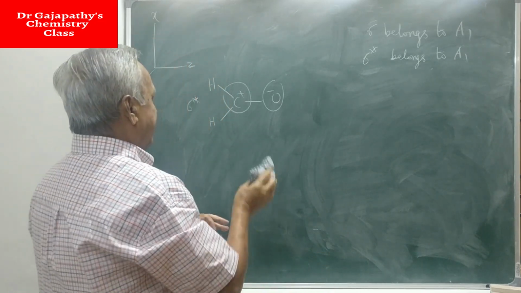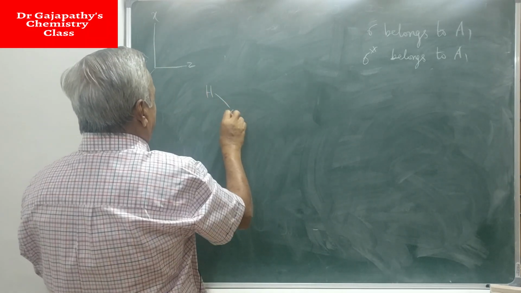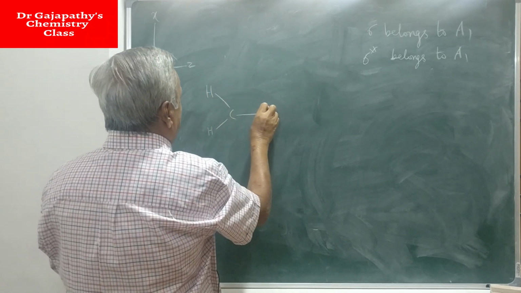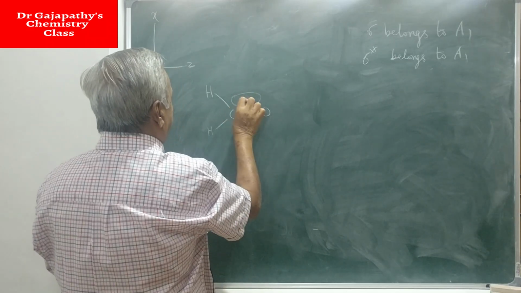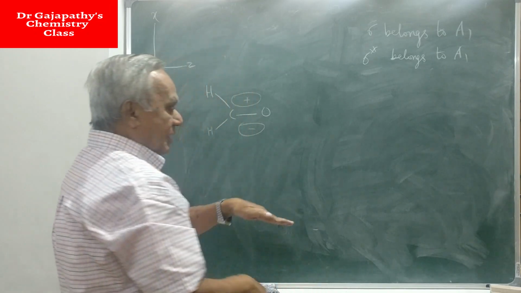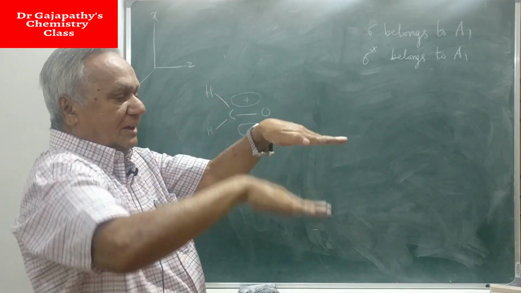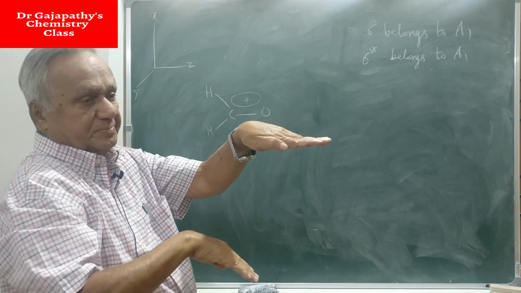Now, how about pi? I sketch the pi orbital of this molecule. This is the molecular plane. We have a positive lobe here and a negative lobe here.